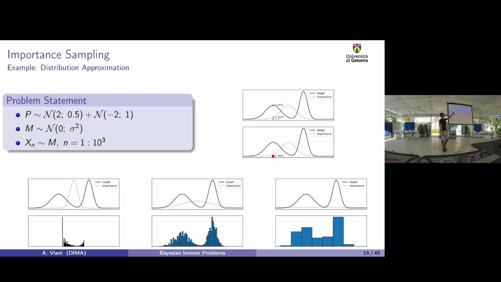Because if I want to evaluate P, I just take, for example, 0. I evaluate a Gaussian distribution in 0, centered in 2 with some mean, and then I sum another Gaussian evaluated in 0, centered in -2, and with some variance.